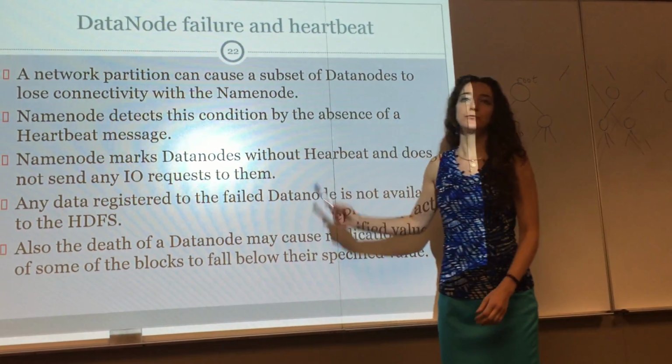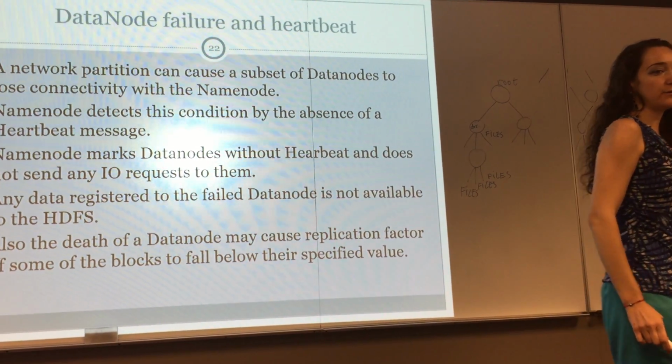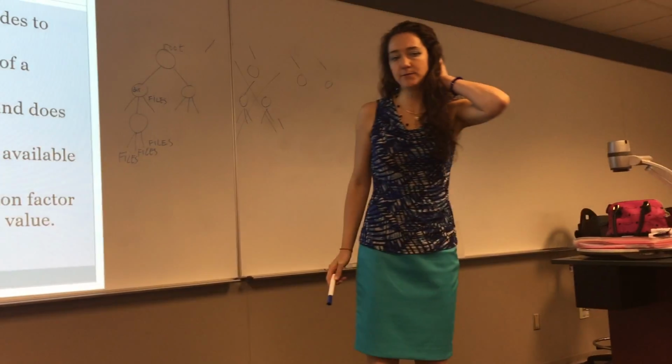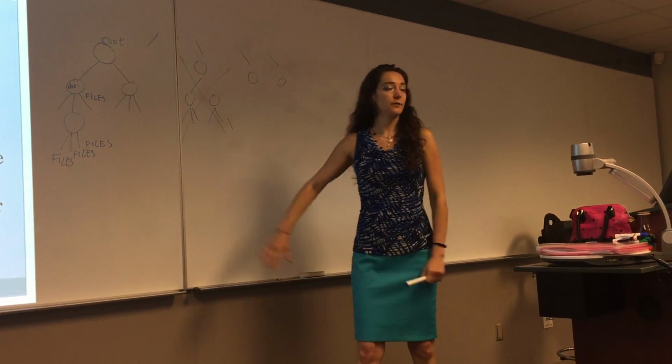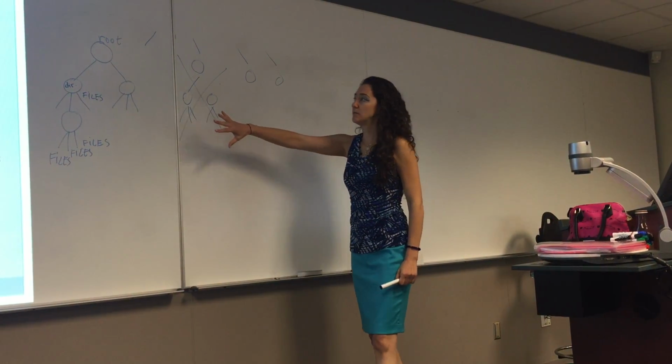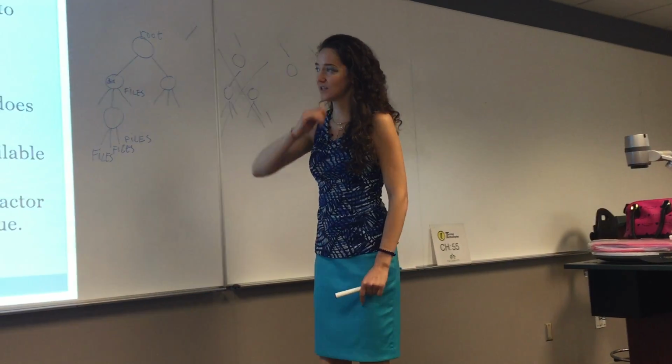How can we tell this? We already mentioned that these data nodes will send a heartbeat every 3 seconds because we want to make sure they're alive. So if we don't hear from a bunch of data nodes, then we know something is wrong with the network and an entire part of the cluster got disconnected.